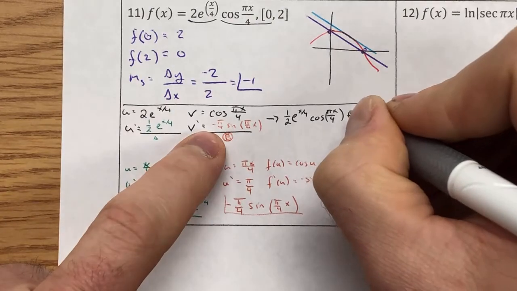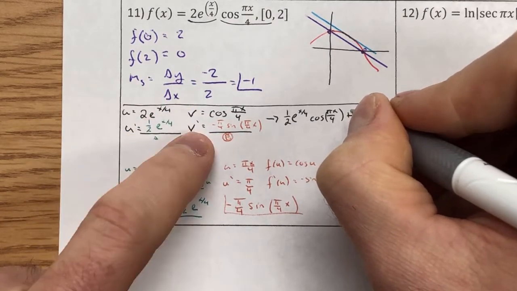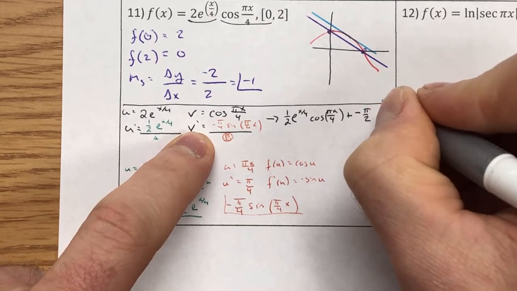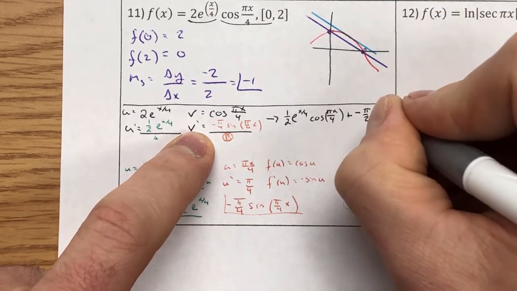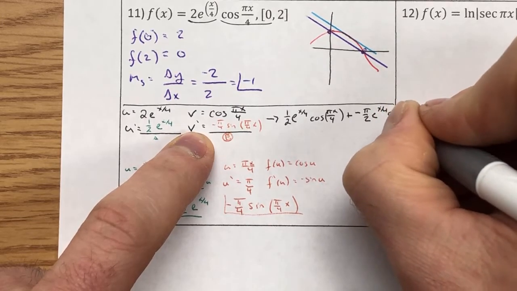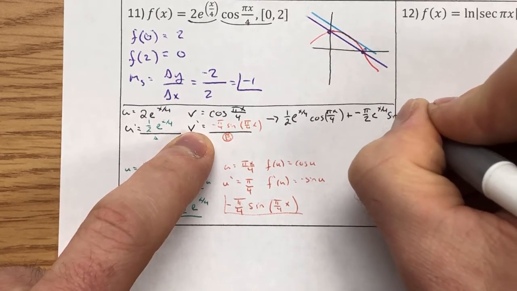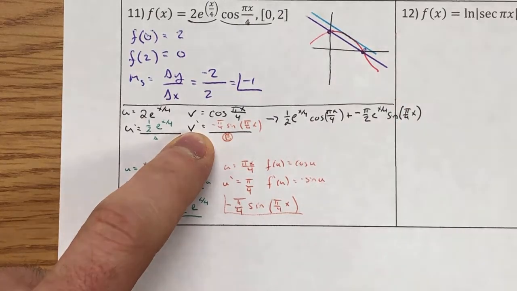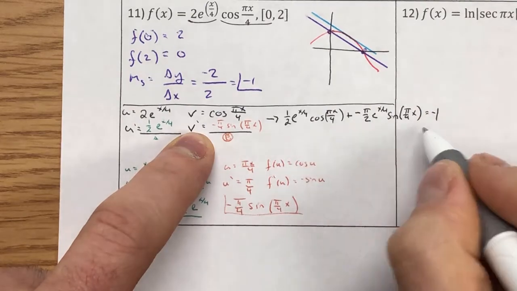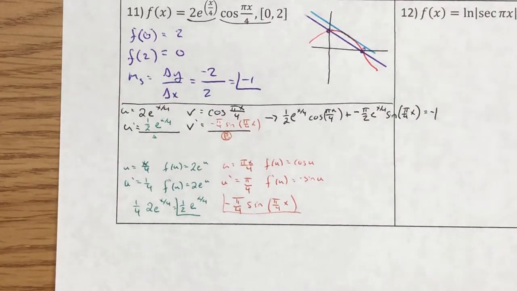So pi over 4 times 2, that's going to be pi over 2. Negative pi over 2 e to x over 4 sine of pi over 4 x. And I need to figure out when this is equal to -1.